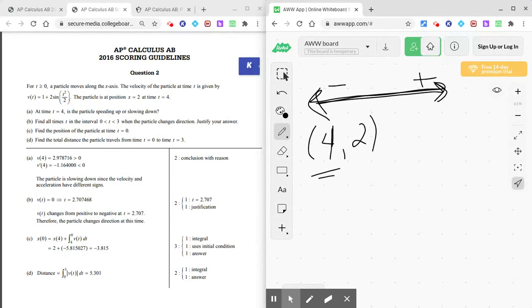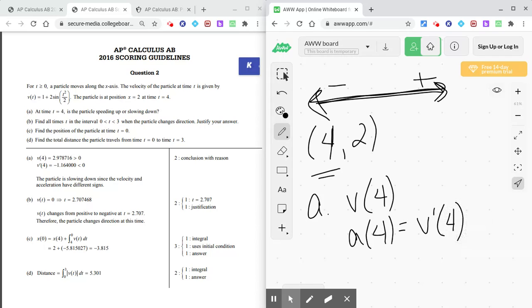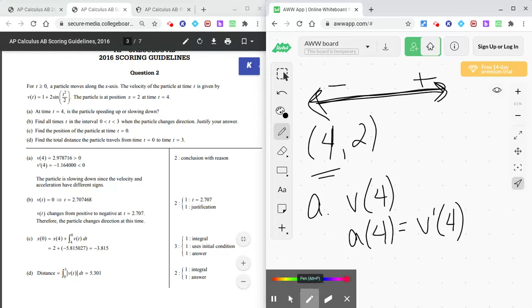Question A. At time equals 4, is the particle speeding up or slowing down? So for A, we want to compare the sign of the velocity at 4 to the sign of the acceleration at 4, but the acceleration is really just v prime of 4. And I'm going to use my calculator to do this, and you can see exactly what you have going on here in this window.